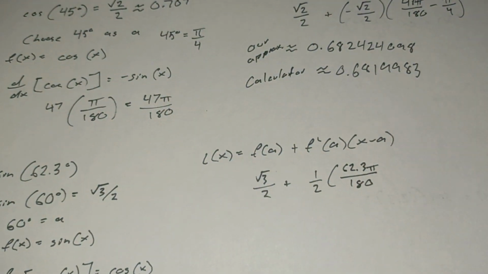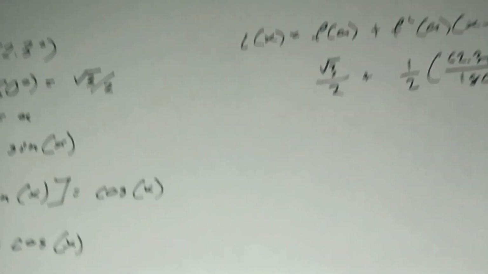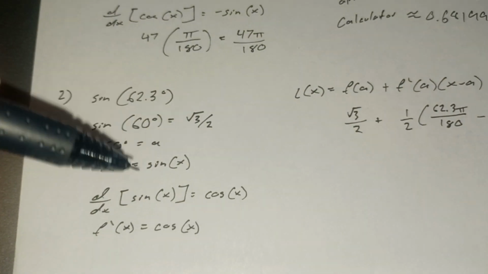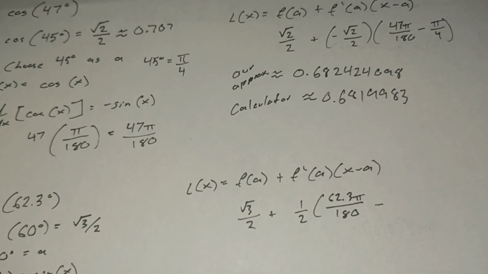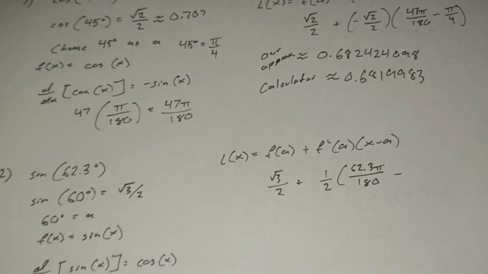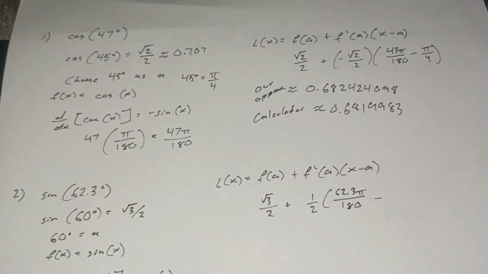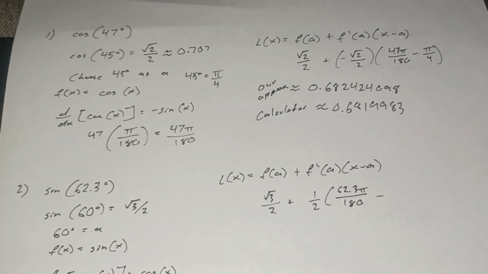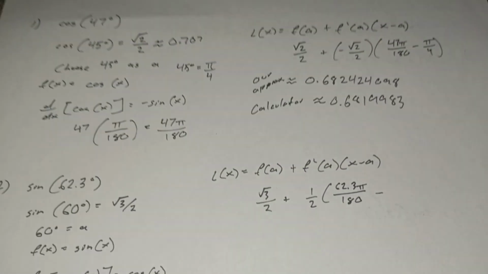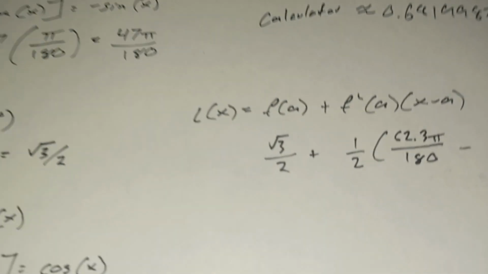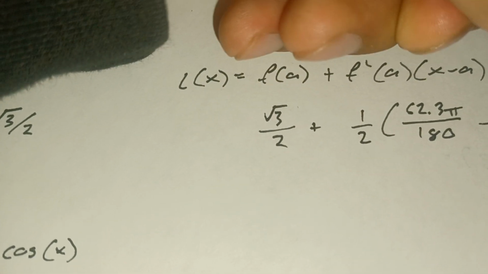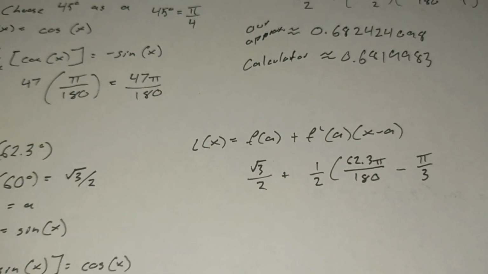That's why this is there. So minus a. What is our a? Our a is 60 degrees, right? What is 60 degrees in radians? 60 degrees in radians is pi over 3, right?